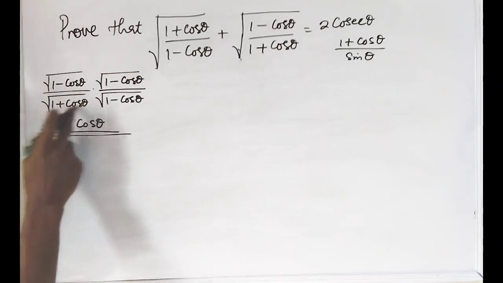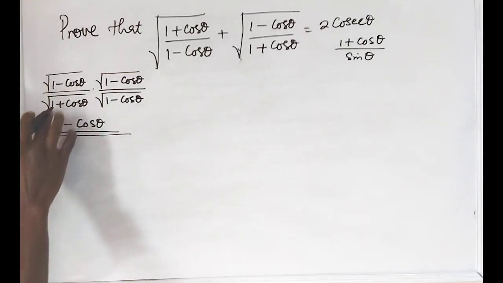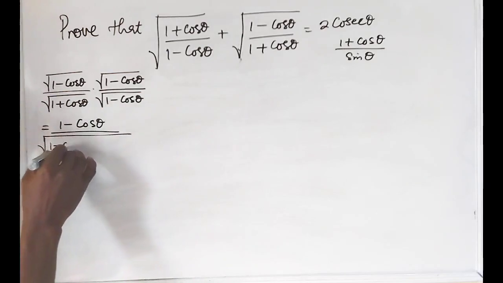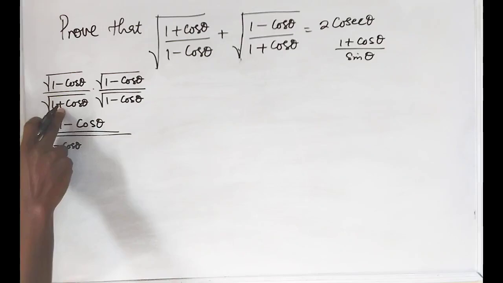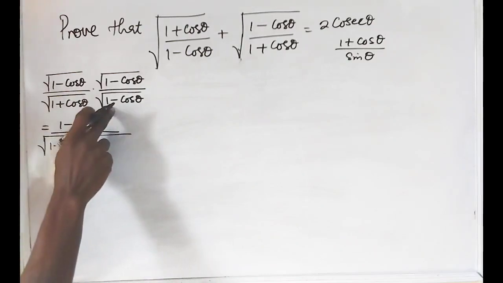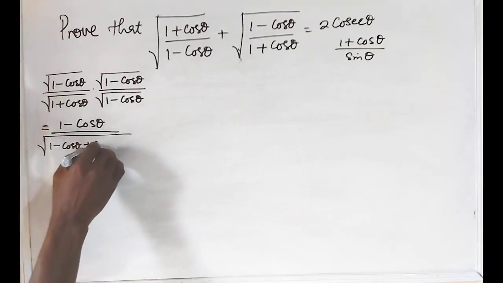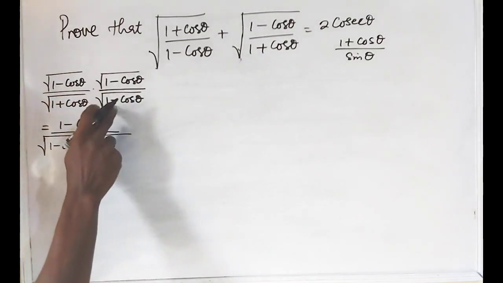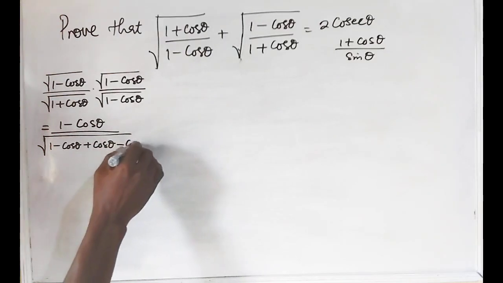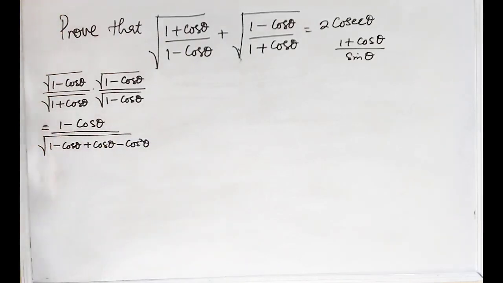Here you have 1 times 1 gives 1. 1 times negative cos theta gives minus cos theta, then plus cos theta times 1 gives plus cos theta, then plus cos theta times minus cos theta gives minus cos squared theta.